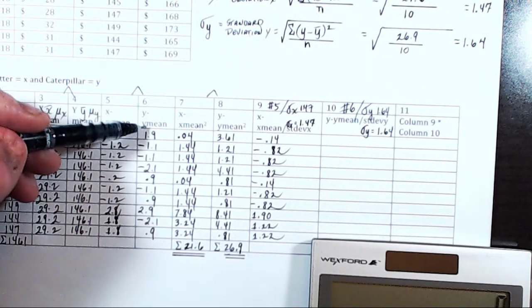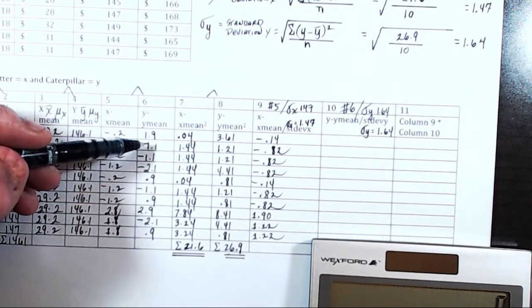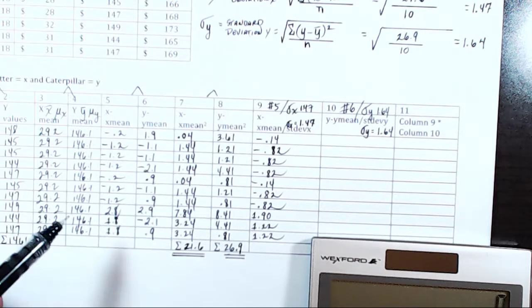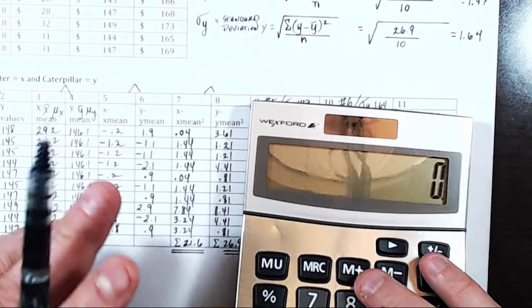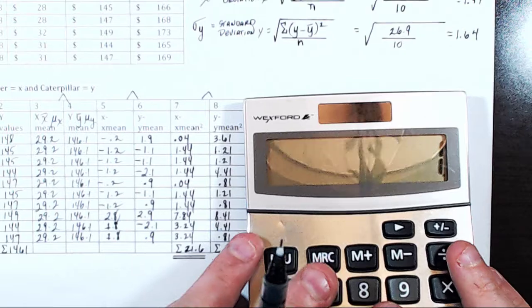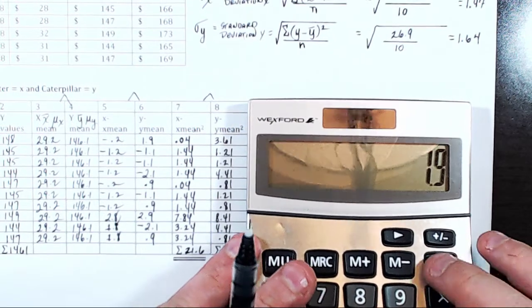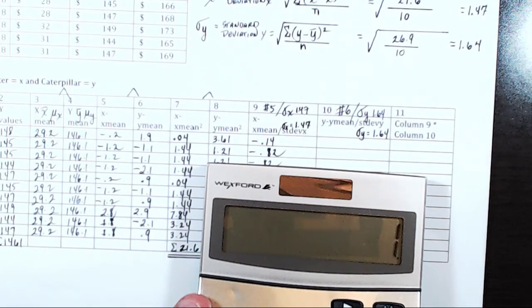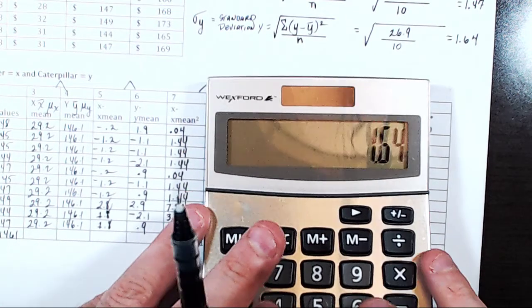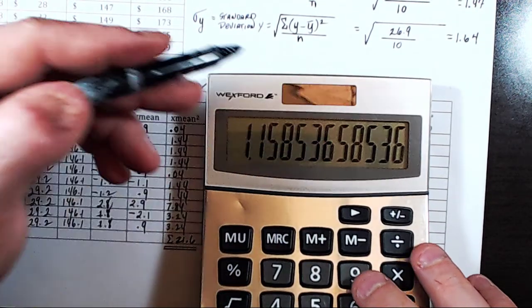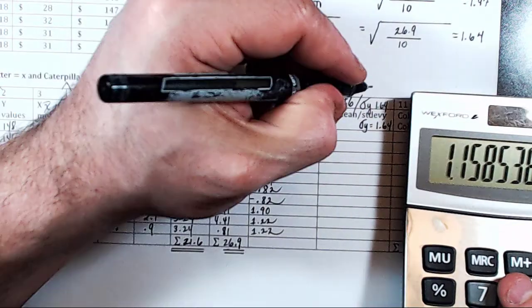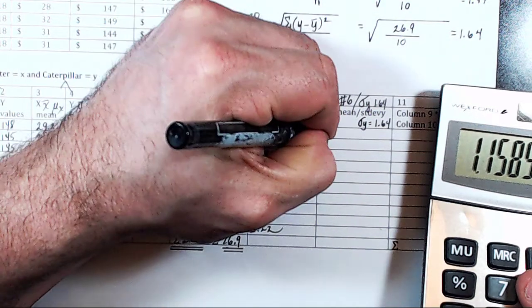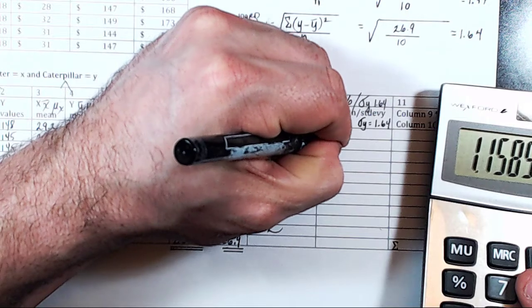We're looking at y minus y mean divided by the standard deviation of y. So for the first row, 1.9 divided by the standard deviation of y of 1.64, and I'm going to get 1.158, or we'll call it 1.16, rounded to significant digits.